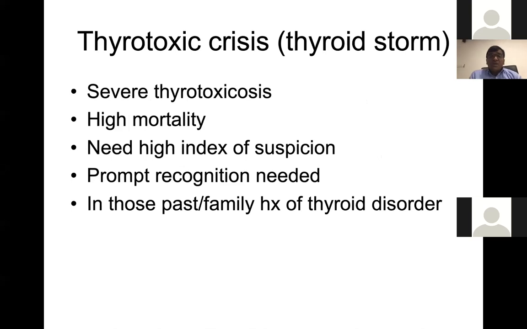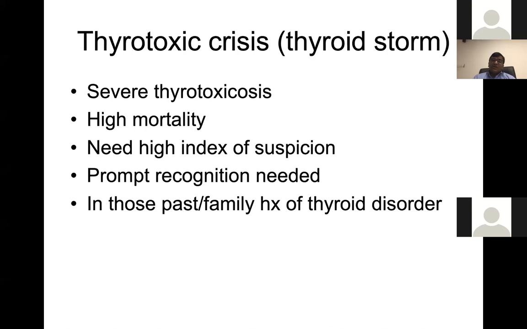Now we will go into thyrotoxic crisis or thyroid storm. This is a severe form of hyperthyroidism, where there is increased mortality because of complications like high output cardiac failure and the predisposition to infection.